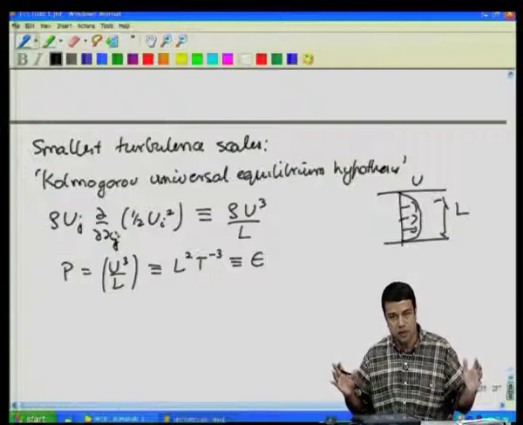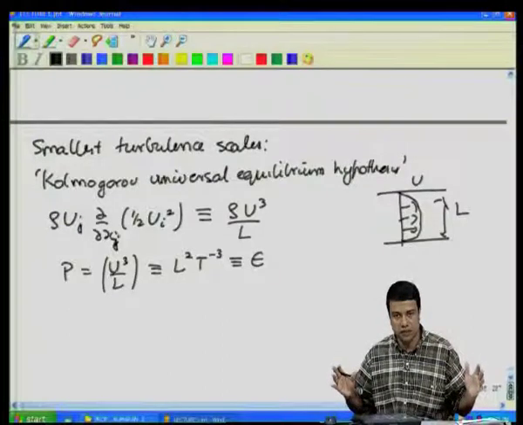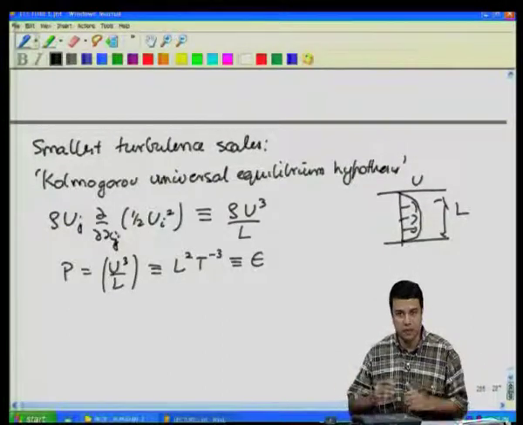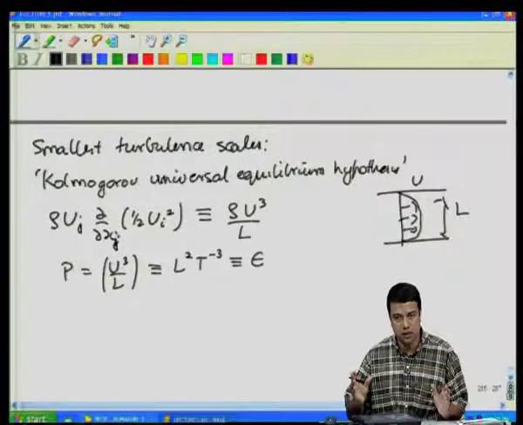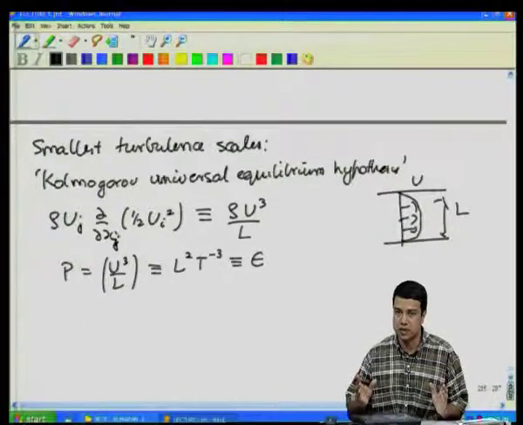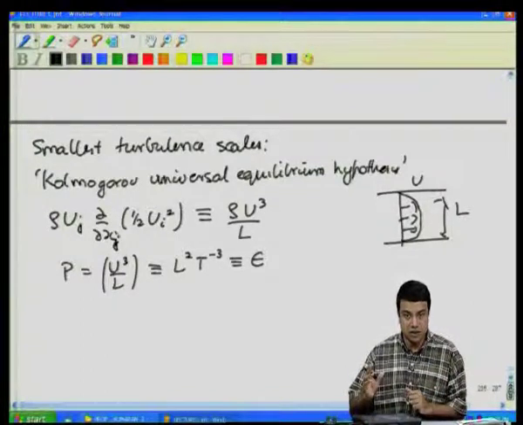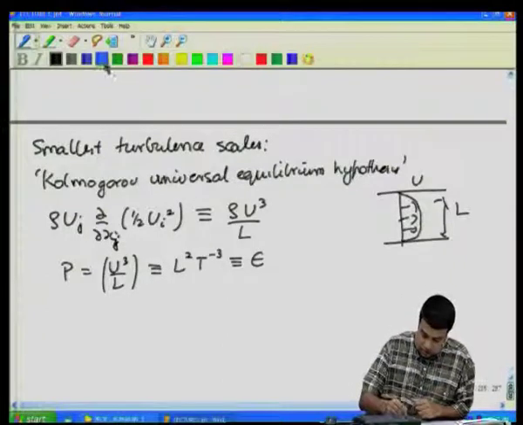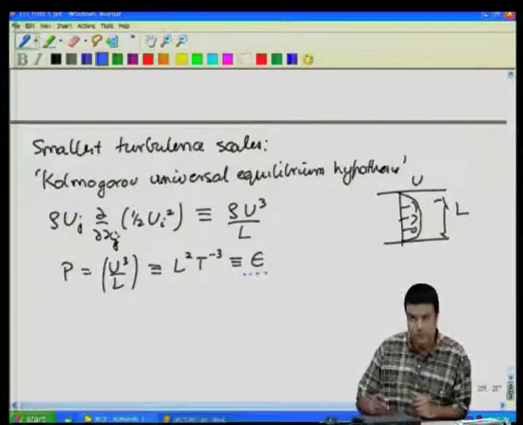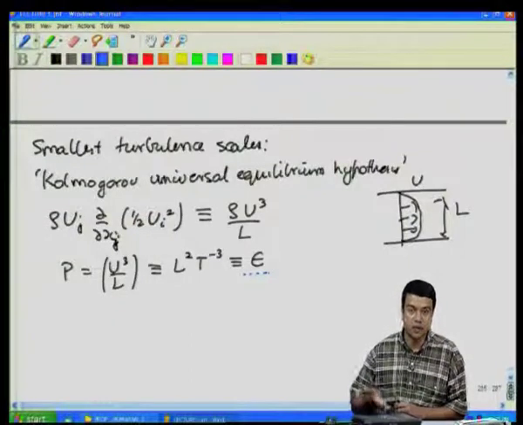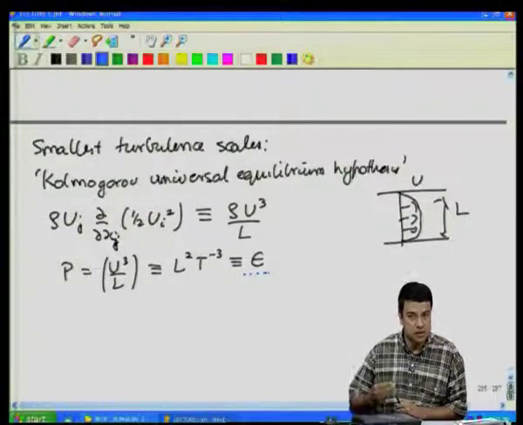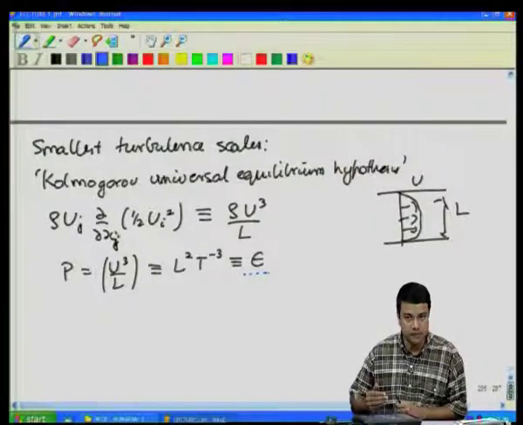It depends on those only through the rate of dissipation of energy epsilon, because this energy is ultimately going to have to be dissipated by these small scale flows.